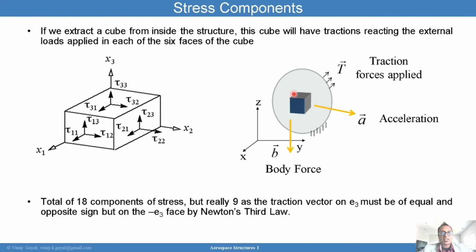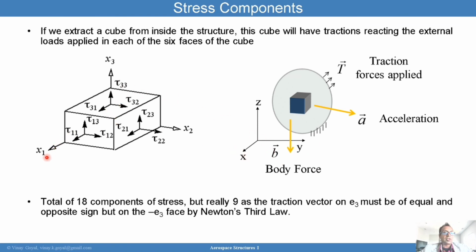And when I extract the cube out, I'm going to look at a Cartesian coordinate system here for a second. So I'm going to say it has x1, x2, and x3 is the coordinate system. We could use x, y, and z like I have here. I have elected to show both conventions, so it's clear to you that we're going to go back and forth in these conventions in this course.